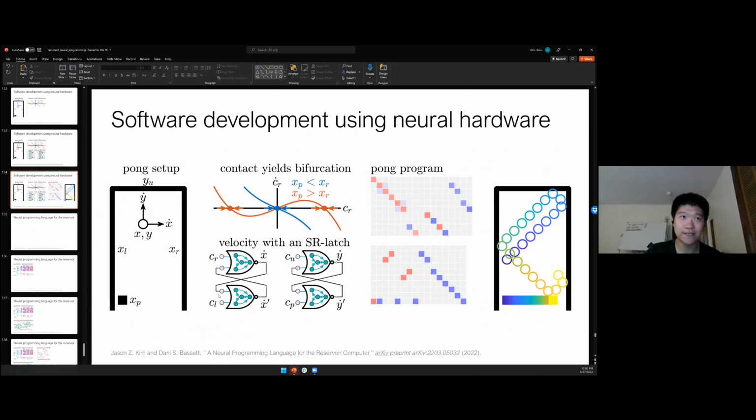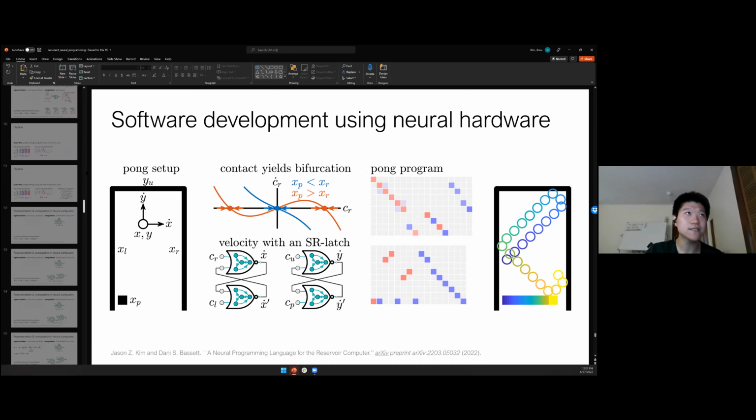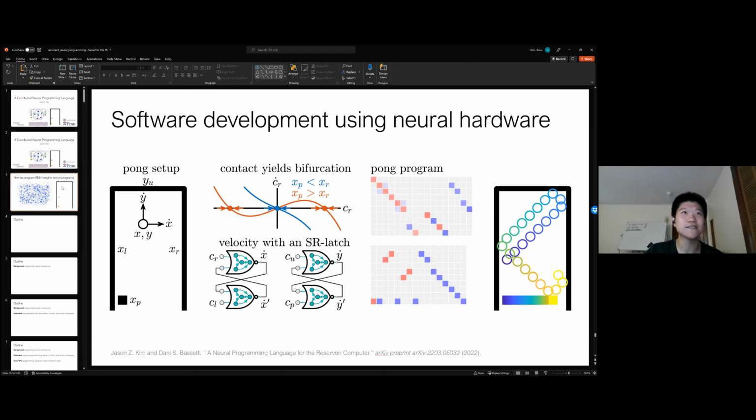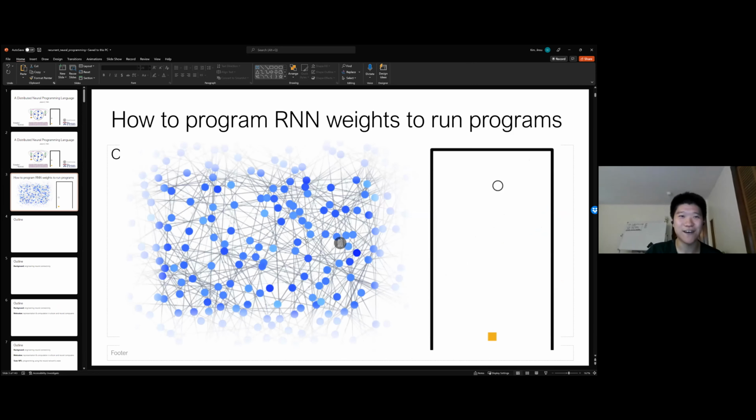So we can actually write this entire game of Pong as x dot is equal to f of x, you know? And what that looks like at the neuron level is this, right? This is really what the recurrent neural network is doing as this ball is bouncing around. And all we've done is we've embedded those dynamical equations into the connectivity of the system, right?